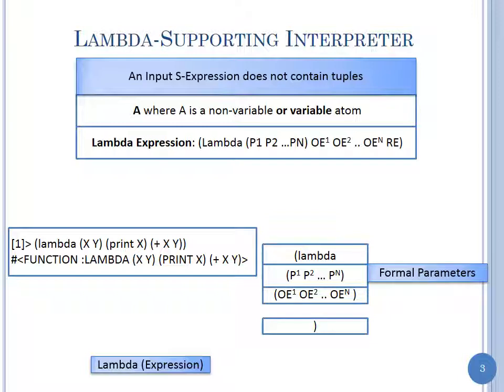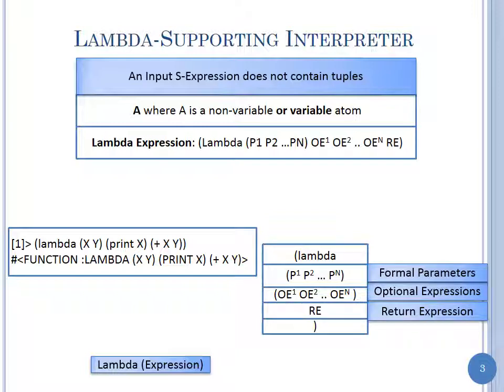And the Lisp I had learned never had OE1 to OEn, or at least I never saw an example of that. But when the lambda body is evaluated, we want some value returned. So we do need an expression that is returned, and that I'm going to call the return expression. So we do want a return expression, but before that we might have some optional expressions.